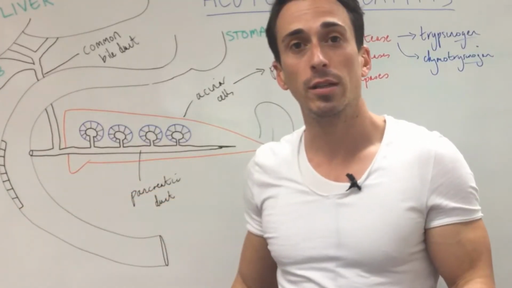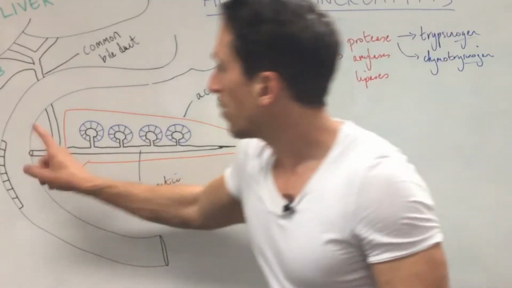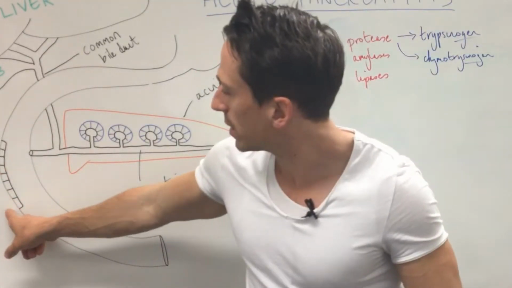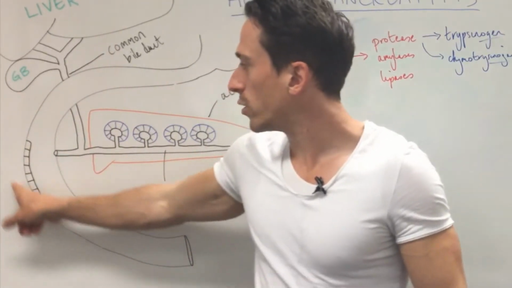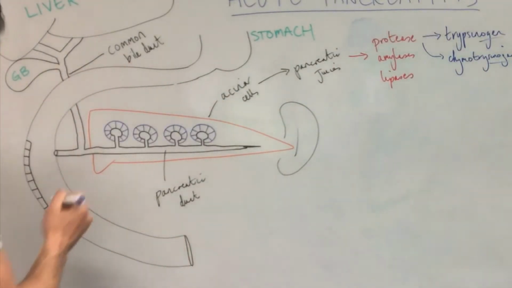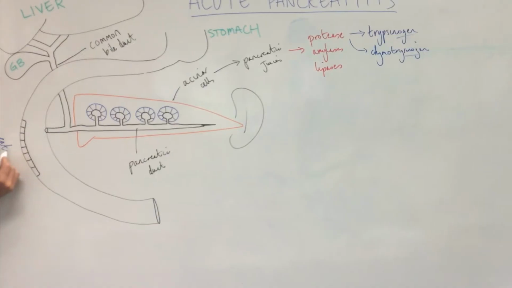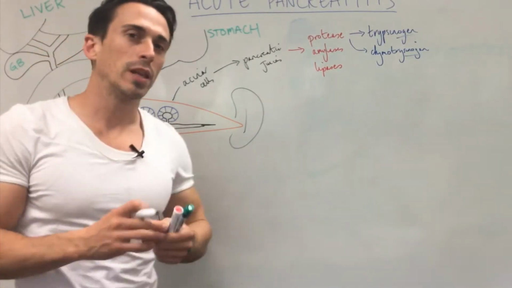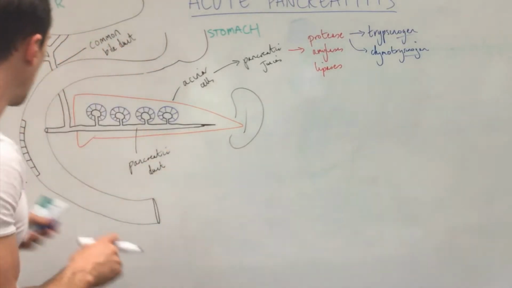So how do they break proteins down? Well, they break proteins down because you've got a group of cells here lining the walls of the duodenum called enteroendocrine cells. Now these enteroendocrine cells release something called enterokinase.